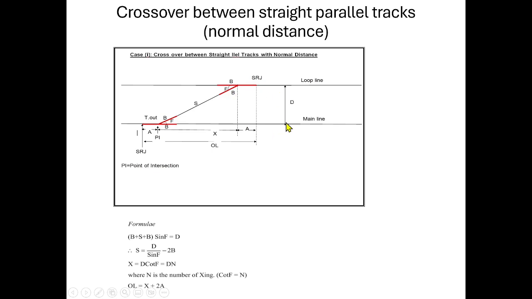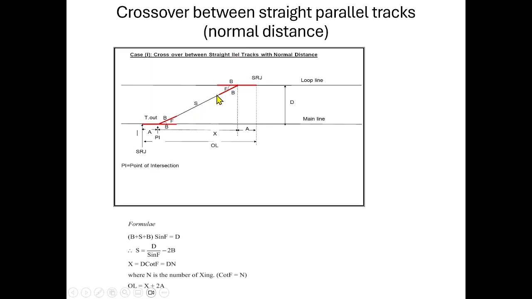That means normally in a passenger station, the lines will be closer, with minimum track distance to accommodate more number of lines. If that is the case, normally we provide the connection straight away without any curve in between them. So we'll have a straight connection.